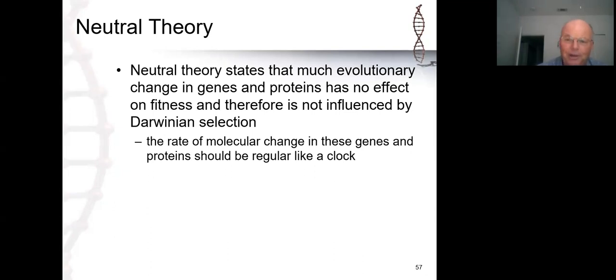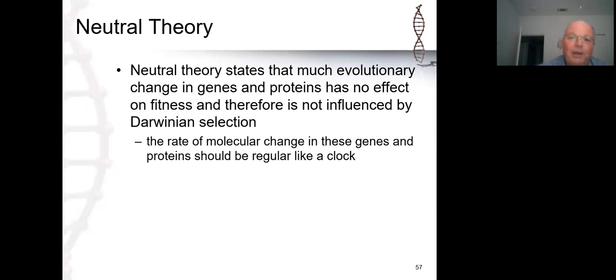There's no selective pressure to prevent them from mutating at rates that may lie outside of the molecular clock. But by the same token, if they are free from natural selection, there is the potential that they may settle into a regular rhythmic mutation rate, because their mutations are going to be the product of random events.